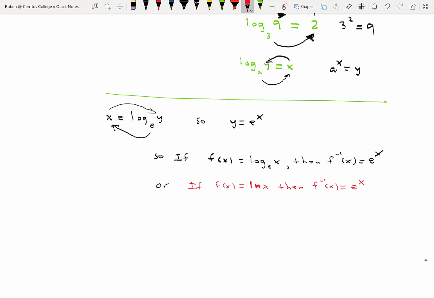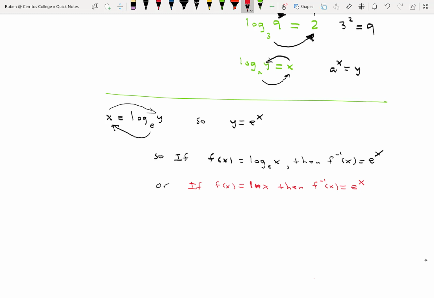This is the definition of the inverse, or rather the natural exponential function e to the x. I mentioned that the natural exponential function is often not called that. Sometimes it's just referred to as the exponential function. Other times it's just referred to as e to the x. So e to the x is the inverse of ln x.